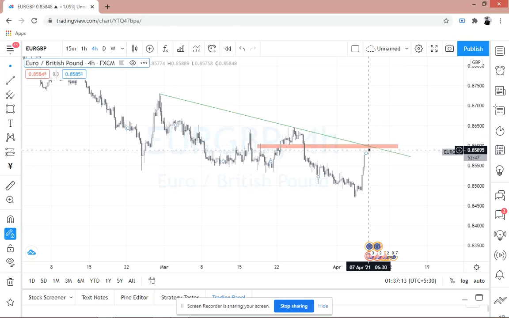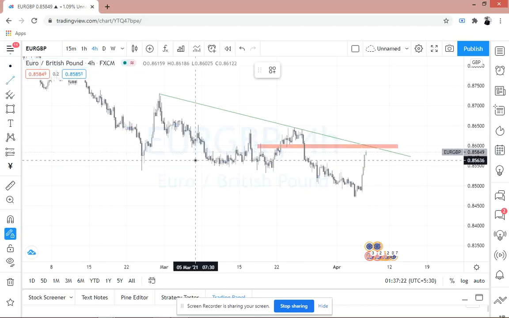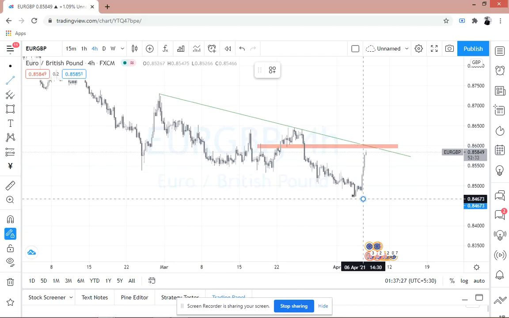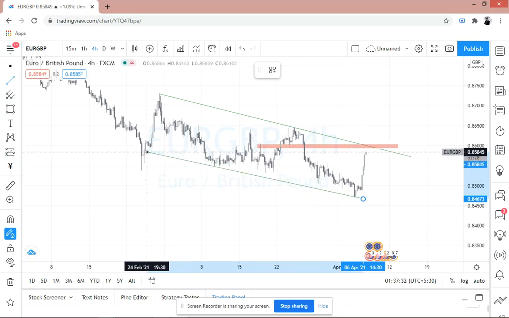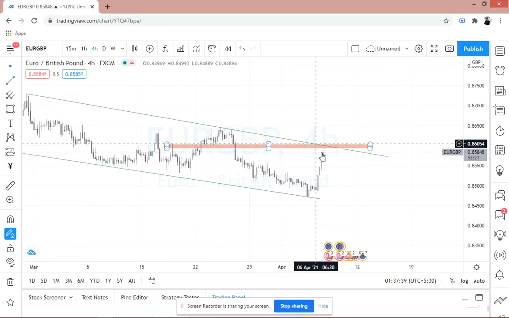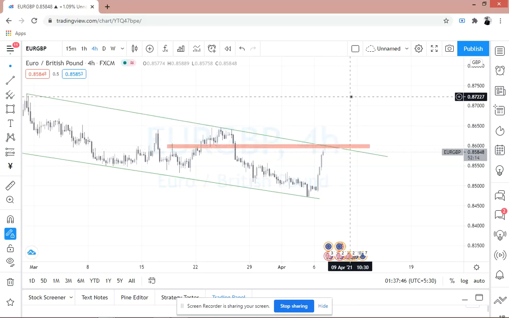So if the buyers make it to this resistance zone, we expect some sellers from this resistance zone. But if this momentum is able to break this upper trend line, we should look for the same level to start buying.